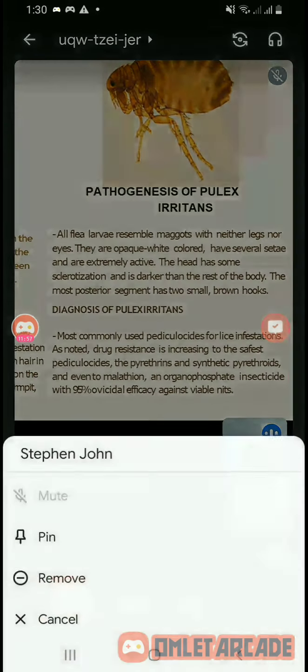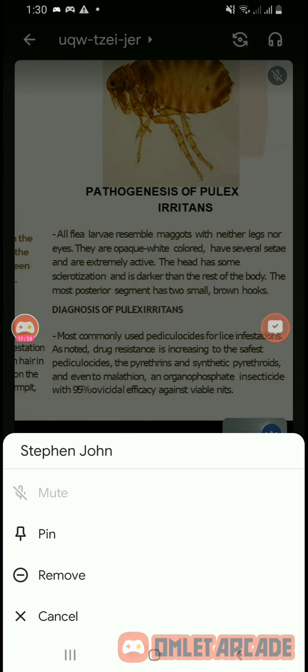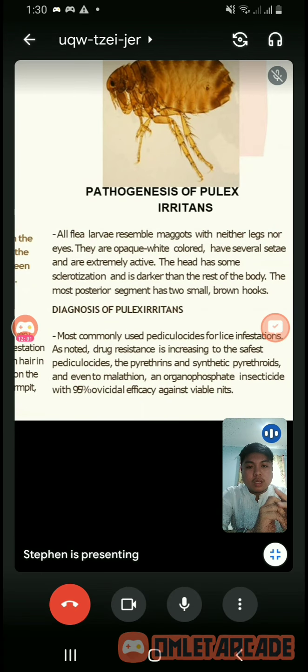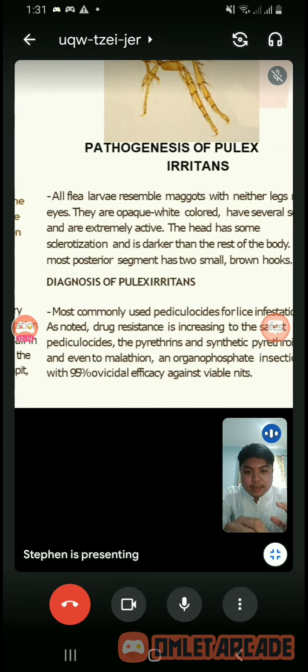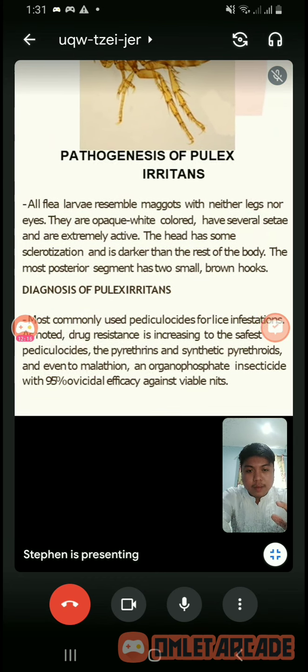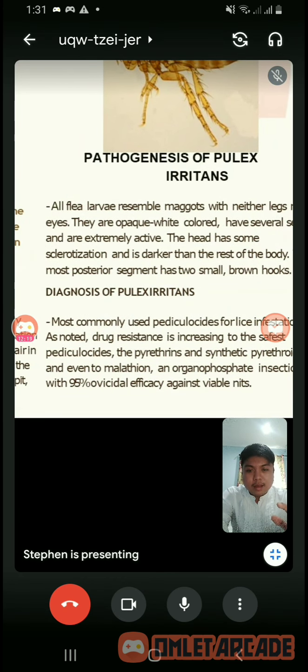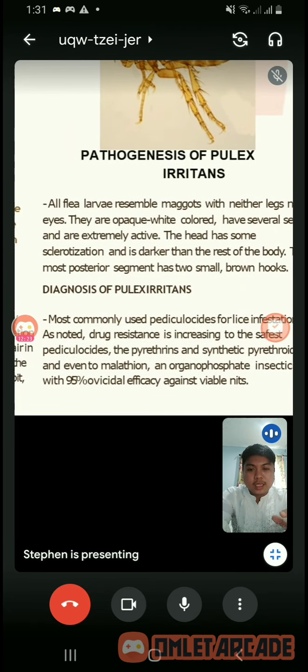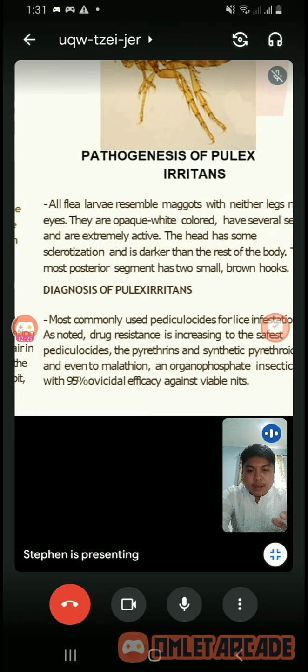So, diagnosis of Pulex irritans. Most commonly used pediculicides for lice infestation. As noted, drug resistance is increasing to the safest pediculicides, the pyrethrins and synthetic pyrethroids, and even to malathion, an organophosphate insecticide which has 95% ovicidal efficacy against viable eggs.